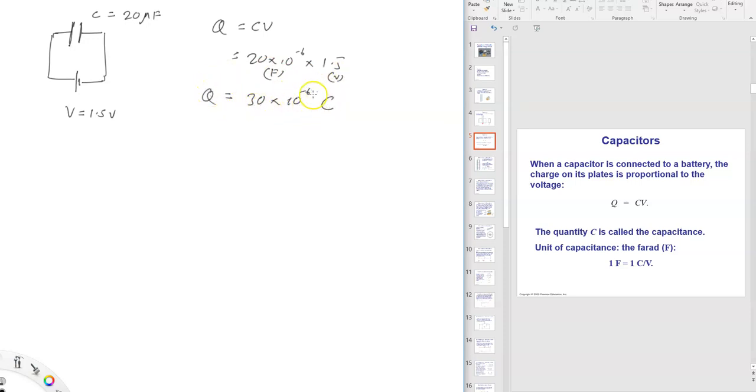So the charge is 30 times 10 to the negative 6 coulombs, or you can say 30 microcoulombs. So this is how you apply this simple equation. So we will work on a few math problems like this, but it's a pretty straightforward, pretty simple equation. Q equals CV.